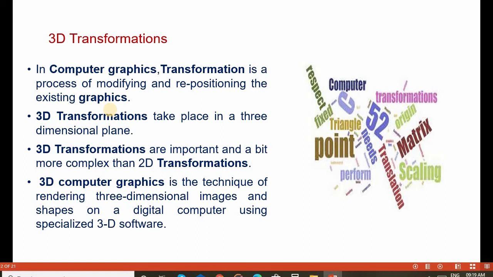So how can we do that? We can do the same 3D scaling, rotation and translation.